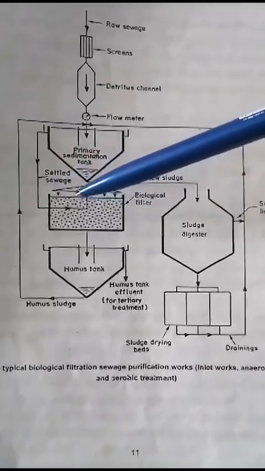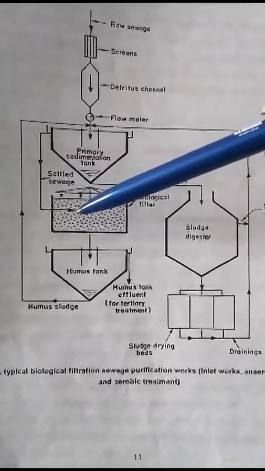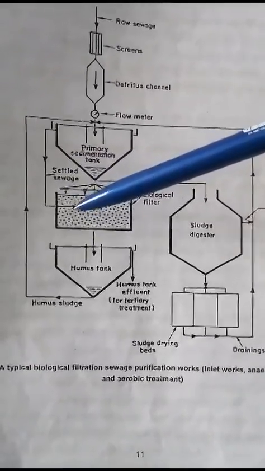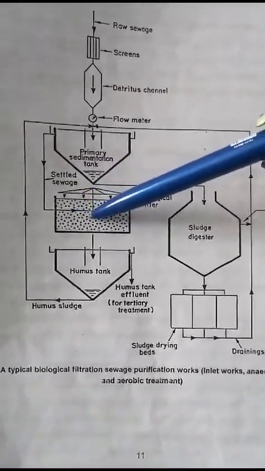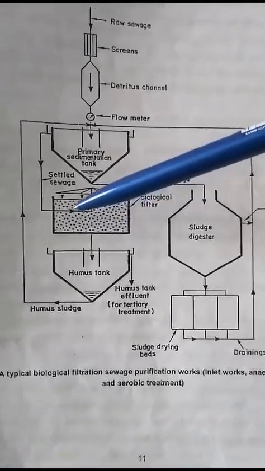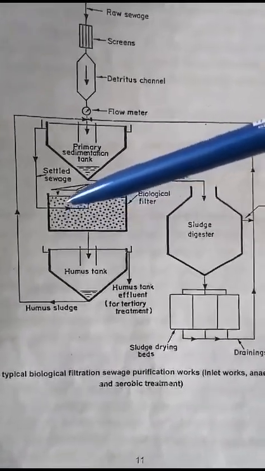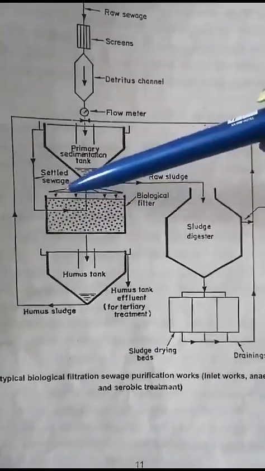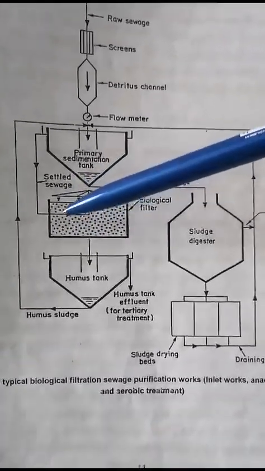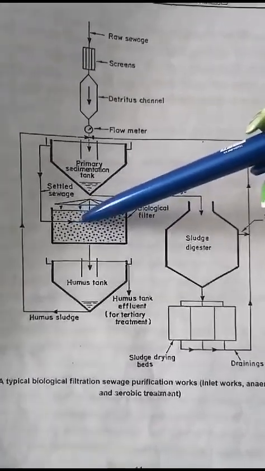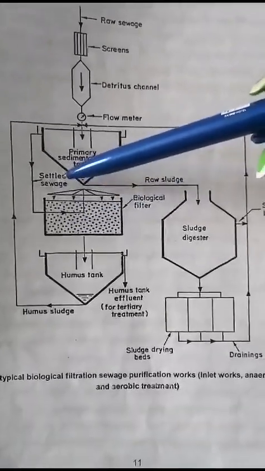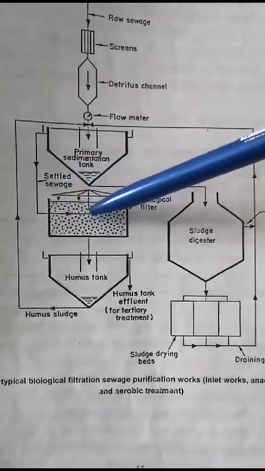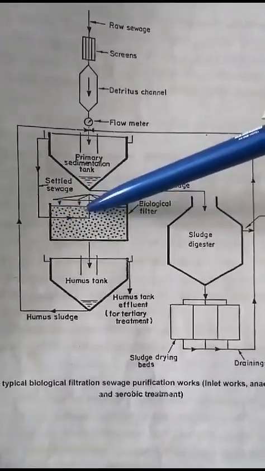A very good example is when you see water just being wasted, you'll see the green algae developing where the water is falling every time. Now that is because of the reaction of photosynthesis. You understand? So then what will happen? Those microorganisms will grow on top of these stones.